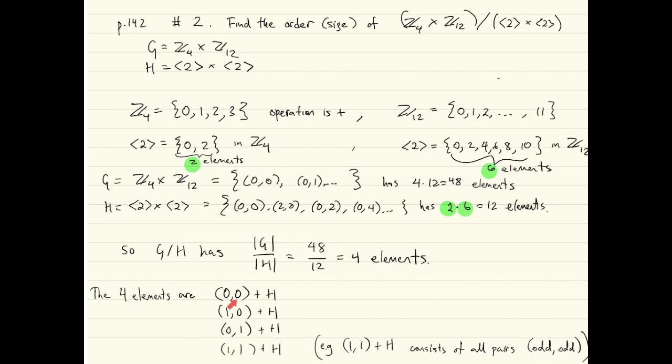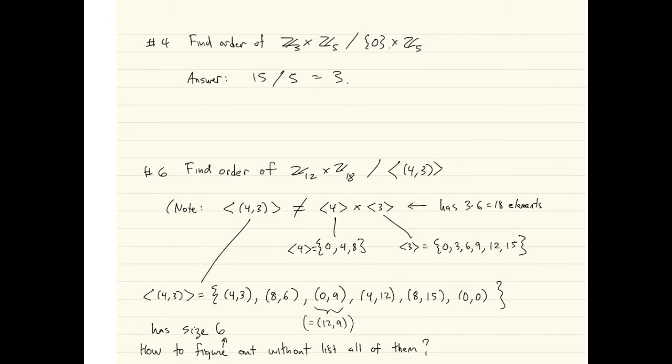Similarly, 0, 0 plus H consists of the elements in G made of an even number and an even number. And 1, 0 plus H consists of the elements in G made of an odd number followed by an even number, and so on.